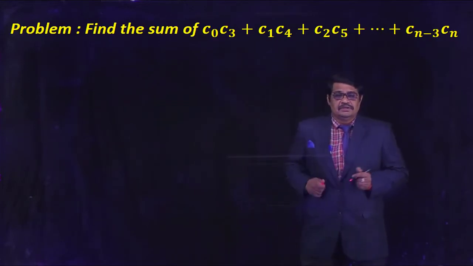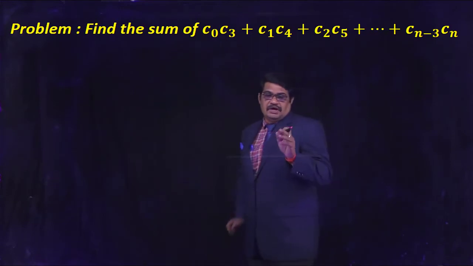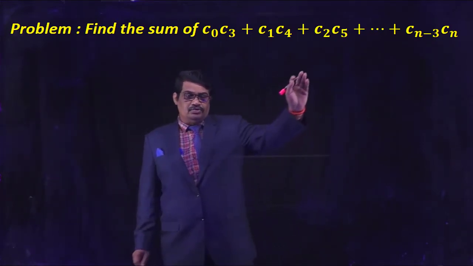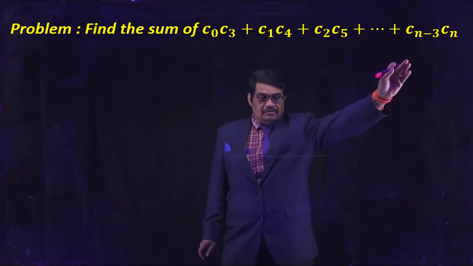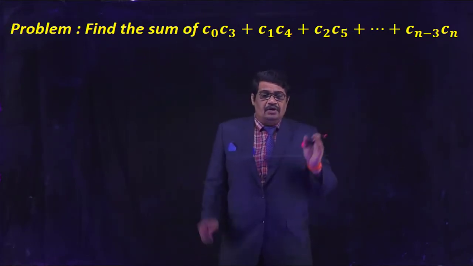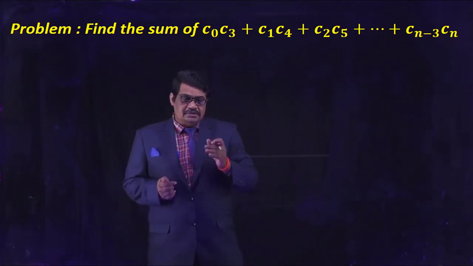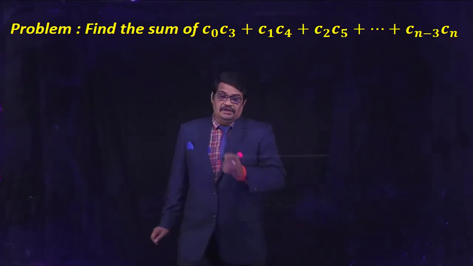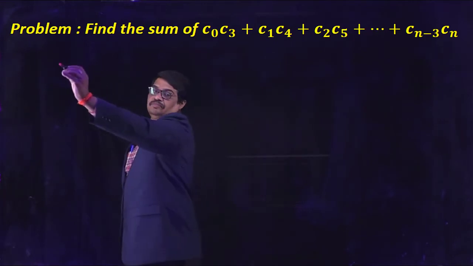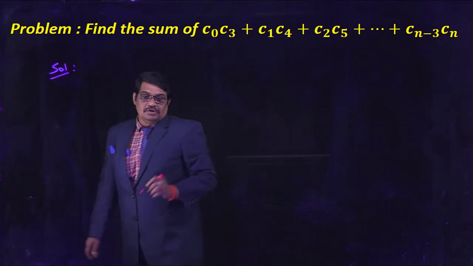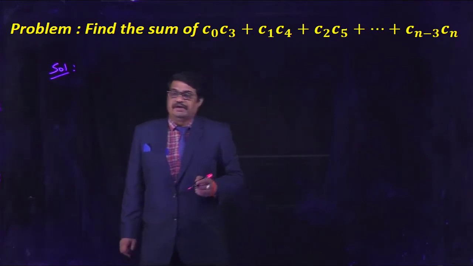Find the sum of the series C0 C3 plus C1 C4 plus C2 C5 and so on, Cn minus 1 Cn. Now I have to find the sum of this series. See the problem. So what is given here?